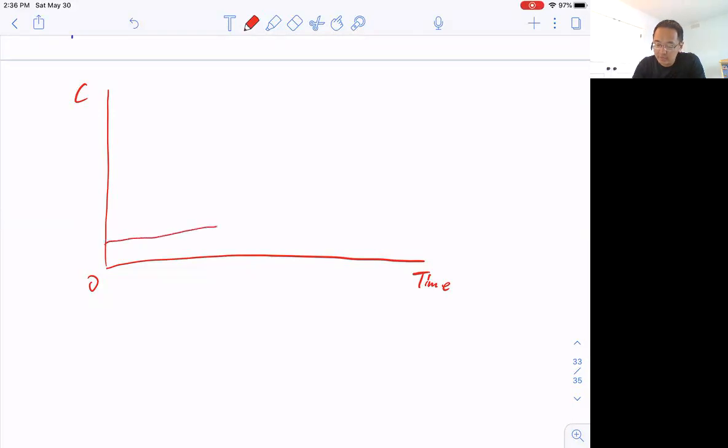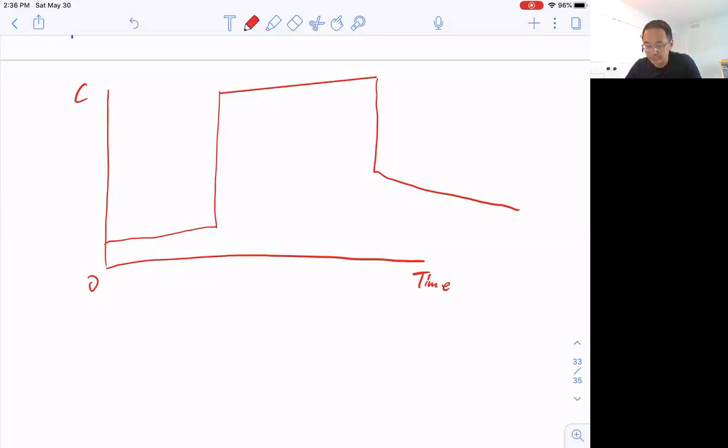And then you hit a point where your income is going to jump up, hopefully dramatically, and then it's going to continue to rise, and then after retirement it's going to drop to a certain level. So this is your income, or I should say, let's use YD. So your income for your whole life looks something like this.